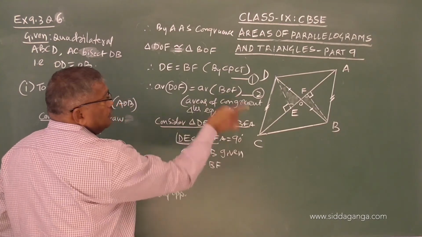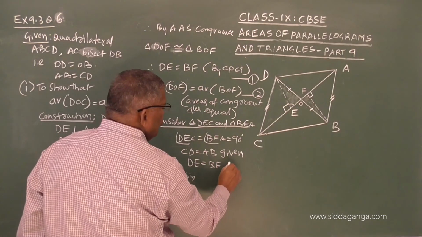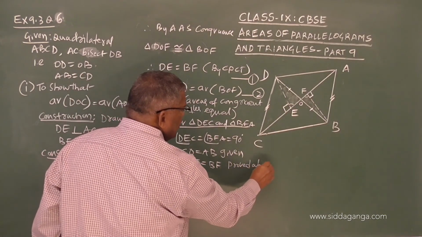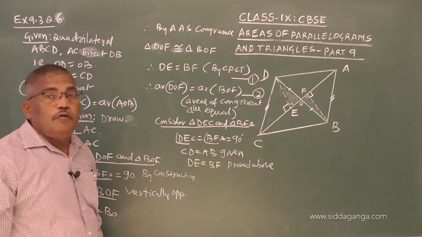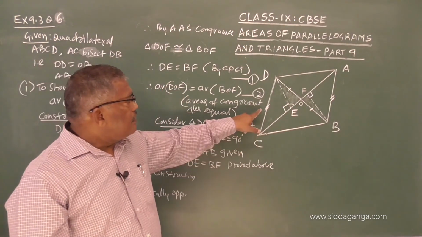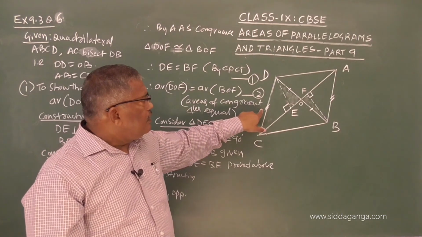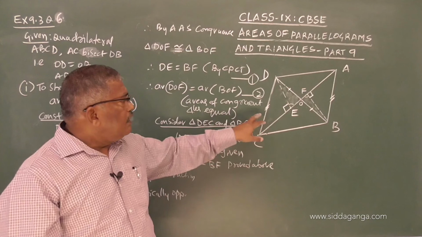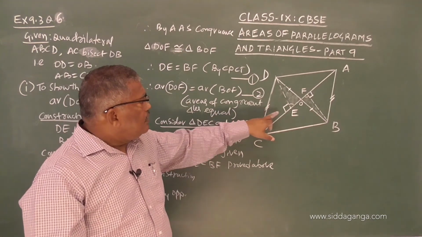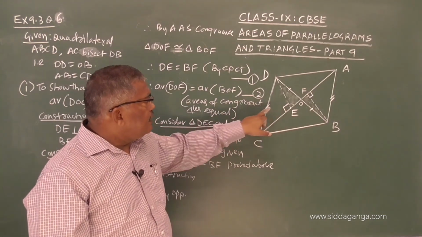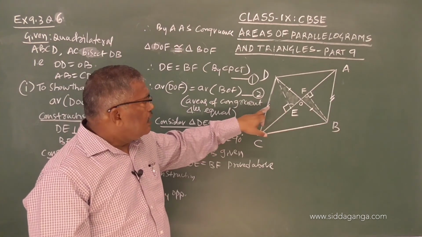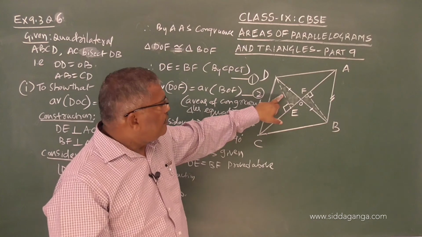It is proved above. Observe here. This is side, and this is angle. And here, since this is 90 degrees, this is hypotenuse. So right angle, hypotenuse, side.